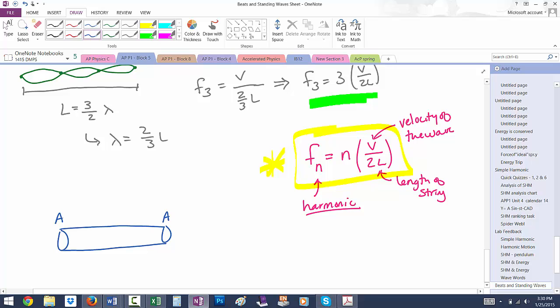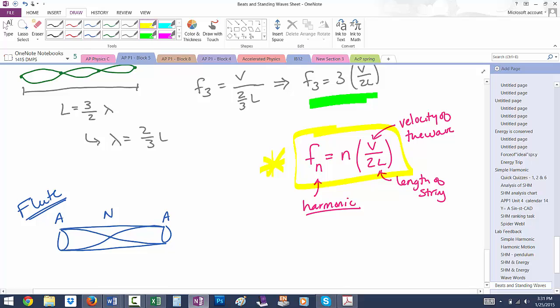So that all said, if I'm going to have a simple standing wave in a flute or a piccolo, or any of those types of instruments where you're blowing across the opening, you're going to have antinodes at both ends and a node in the middle. So your standing wave is going to look something like that.